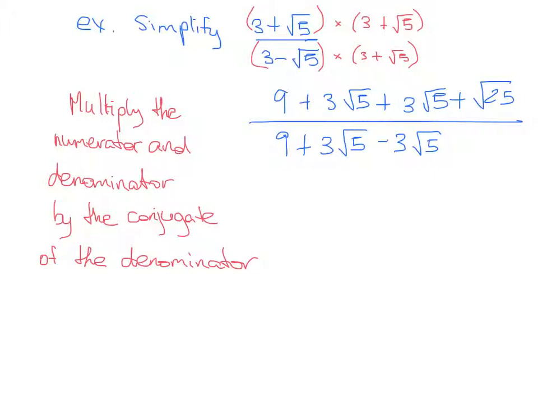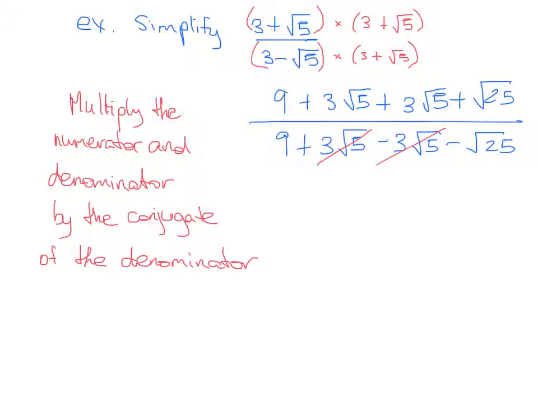And finally, last, negative root 5 times root 5 gives us minus root 25. All right, now we can simplify this. But the first thing I want to point out to you is the fact that these two guys eliminate each other, which is a very, very useful thing.